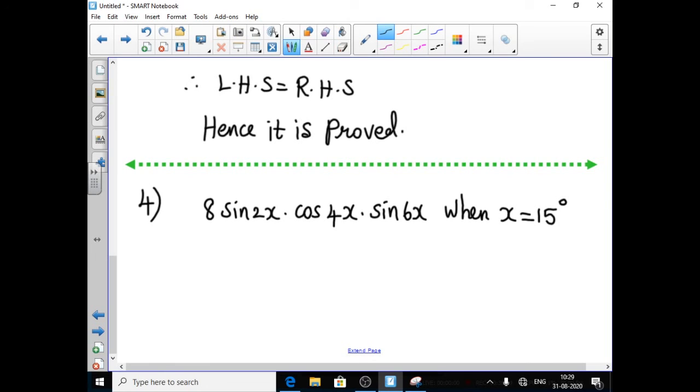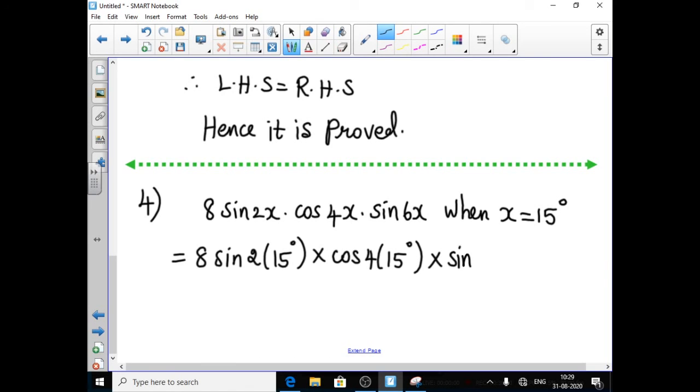So 8 sin 2, the x value is 15 degree, into cos, here the dot means it is considered as a multiplication, so cos 4 into 15 degree into sin 6 into 15 degree.